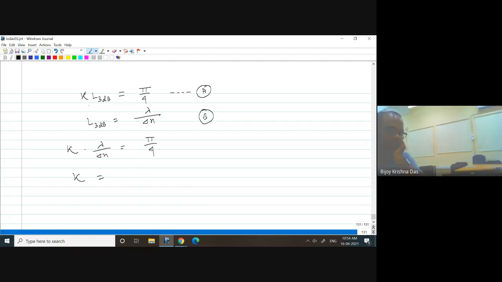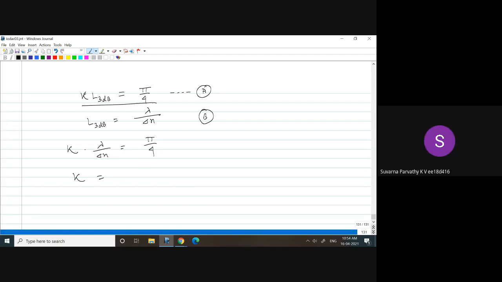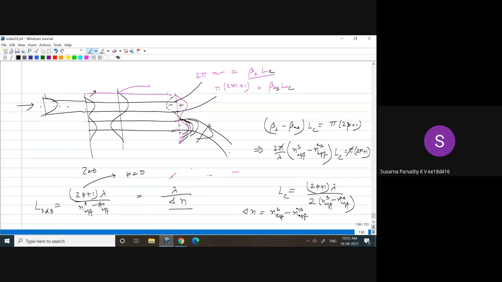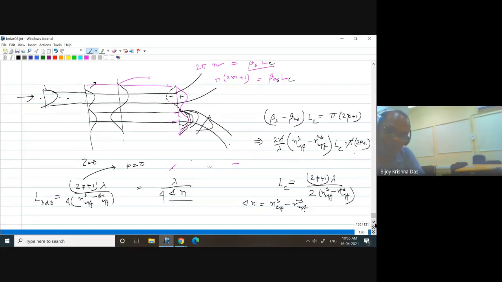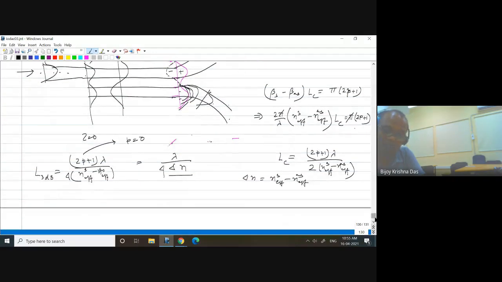Here L3 dB will be (2p plus 1) lambda divided by 4 times (n effective s minus n effective as). LC has a 2 in the denominator, half, so L3 dB is half of LC. It should be 4 times. Exactly, so this should be 4. That was a mistake. Thank you.